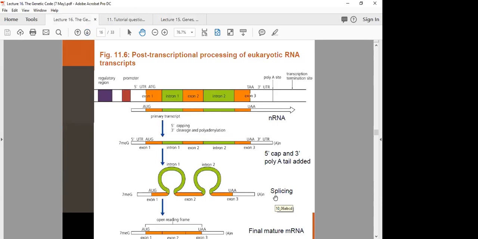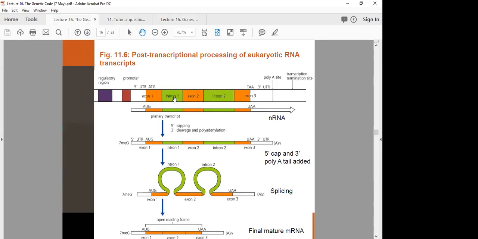And now we go back to these green and orange coloured boxes. Let's go back up here to the DNA. Here's the gene, and there are some regions of DNA within a gene, these green regions here, that are not required to code for the protein.